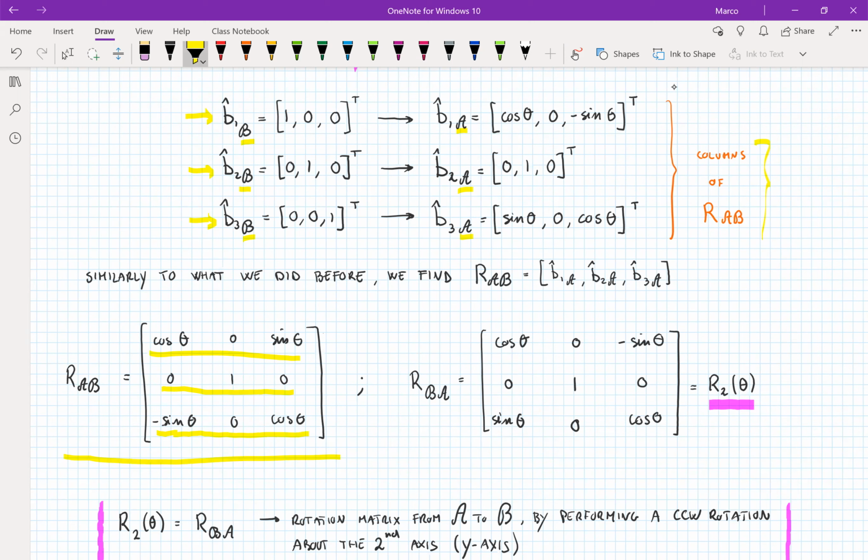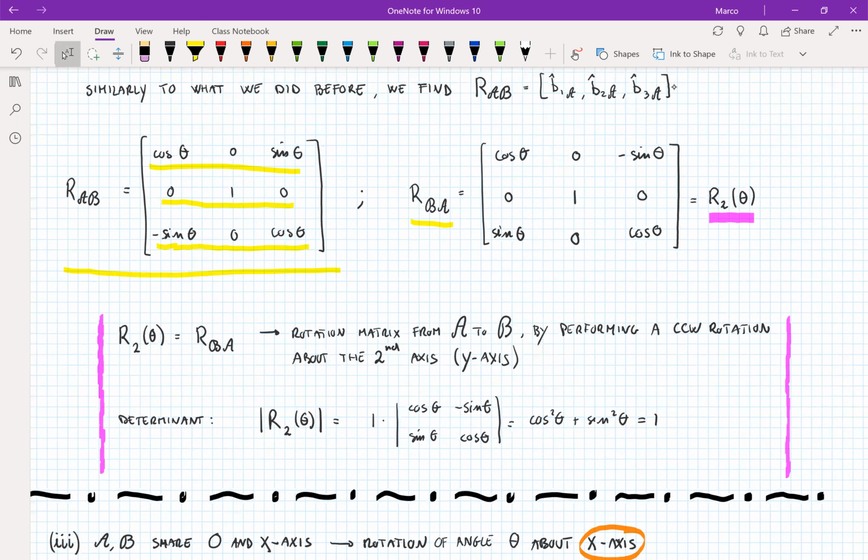Of course, once again, since we're starting from A and we're going to B, then we're really interested in the rotation matrix RBA, which is the transpose of RAB. And so we're going to name this RBA as R2 theta. Of course, 2 now is because we are applying the rotation about the y-axis. And also in this case, we can check the determinant and see that it is equal to 1.